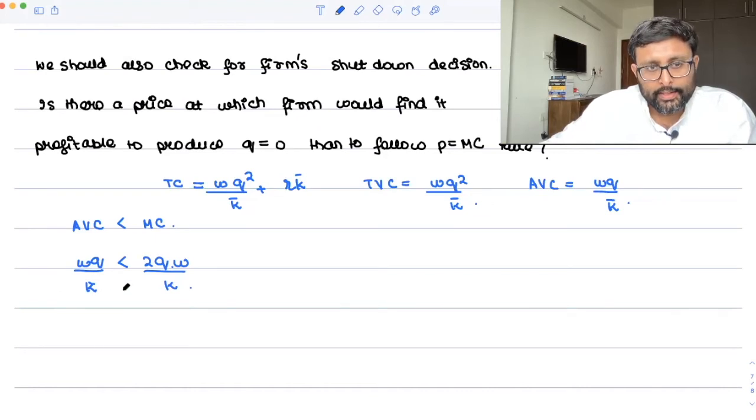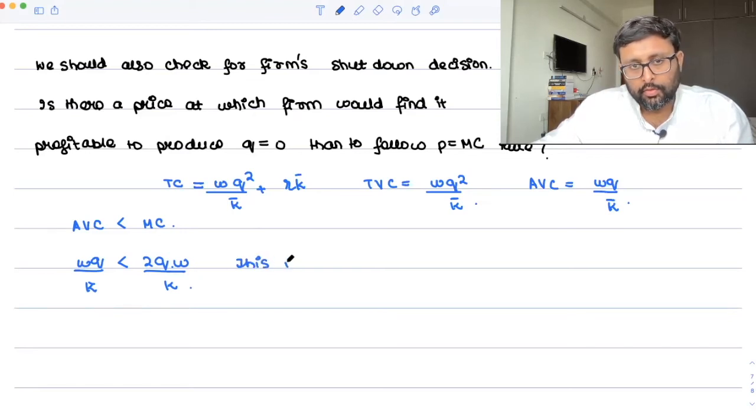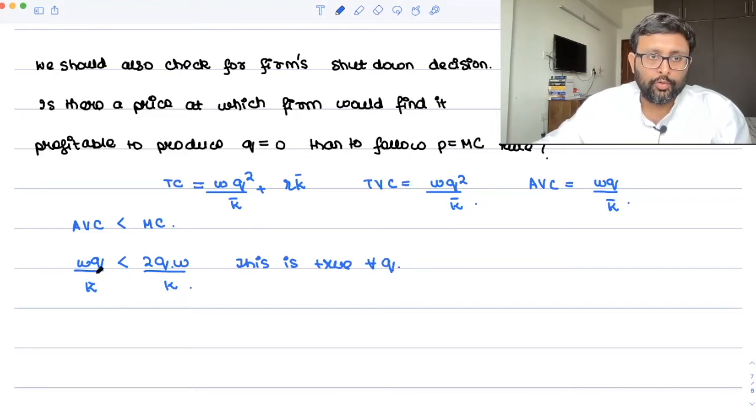Now just looking at it, since you have 2 out here, this AVC has to be less than or equal to MC for all positive levels of output, right? So this is true for all Q.